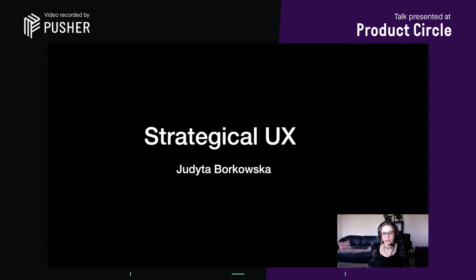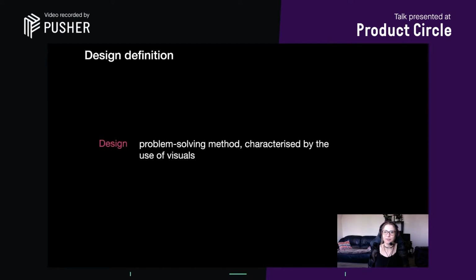But I think design at the very basic level is trying to solve a problem with the use of visuals, which is the art aspect that people seem to fixate on. So I have this little neat definition for you. Design is a problem-solving method characterized by the use of visuals.